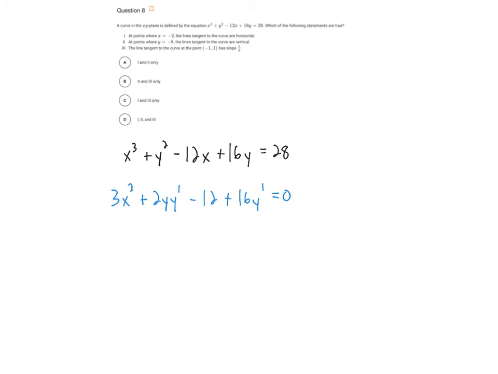So the two terms with y prime we'll keep on the left-hand side. The other two terms we bring over to the other side. And then basically we'll factor out the y prime and then divide by what's left. So you just get this.